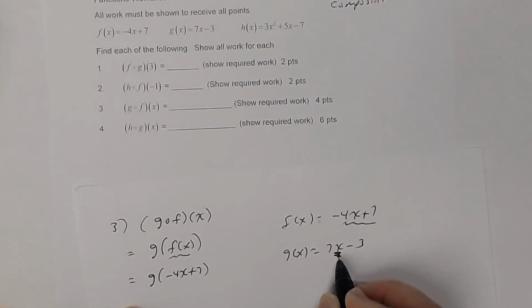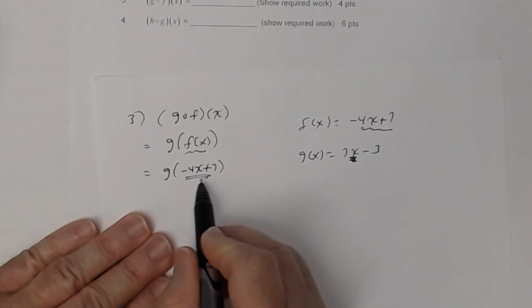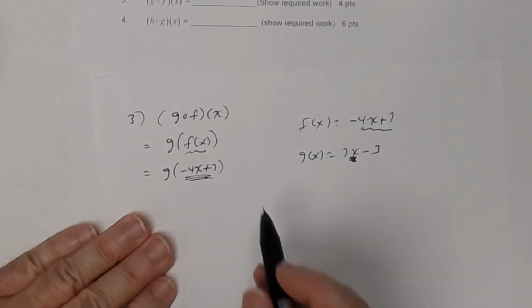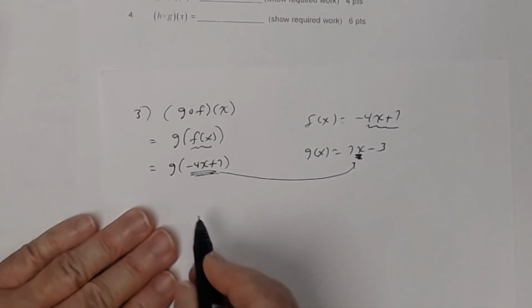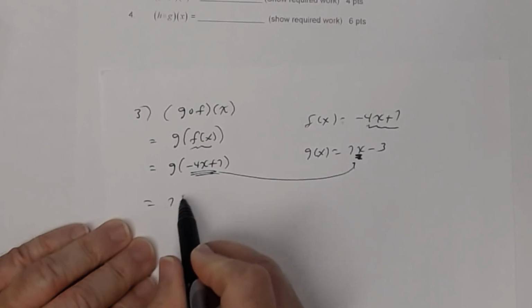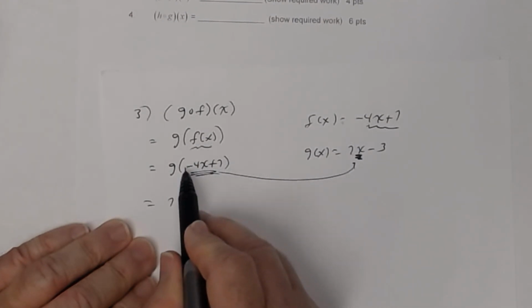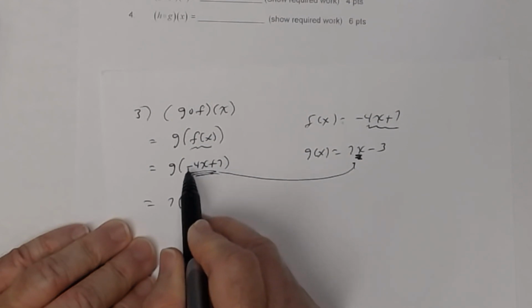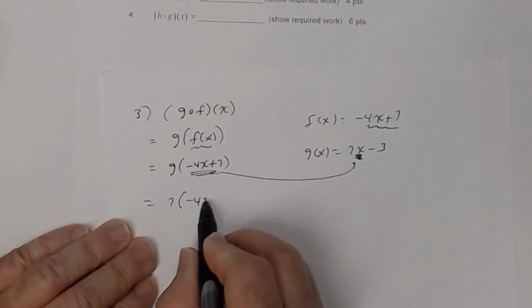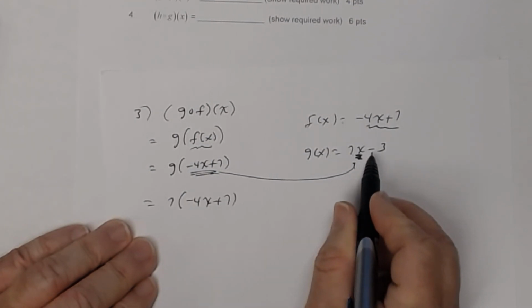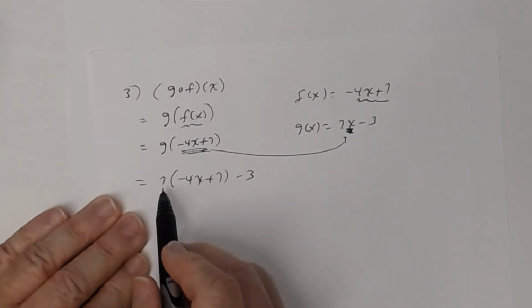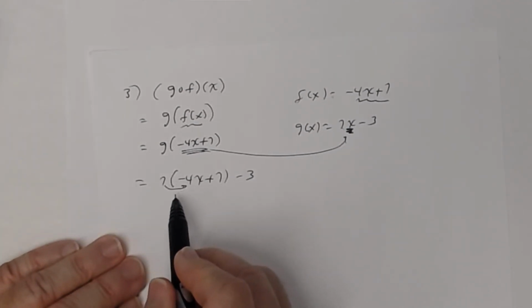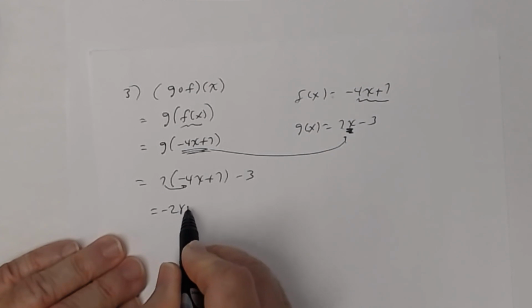And wherever I see that variable, I'm going to substitute negative 4x plus 7. So this becomes 7 times x, but in place of x, I'm substituting this expression, negative 4x plus 7. And then I'm going to subtract 3. So now let's go ahead and use the distributive property. 7 times negative 4x is a negative 28x.